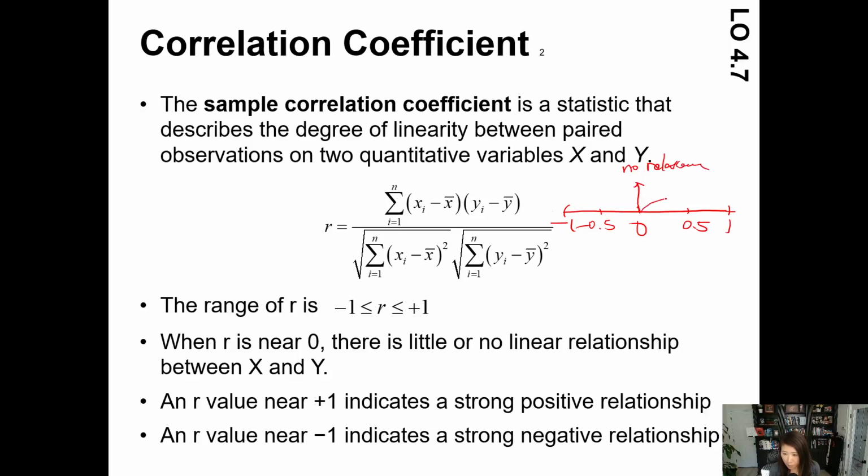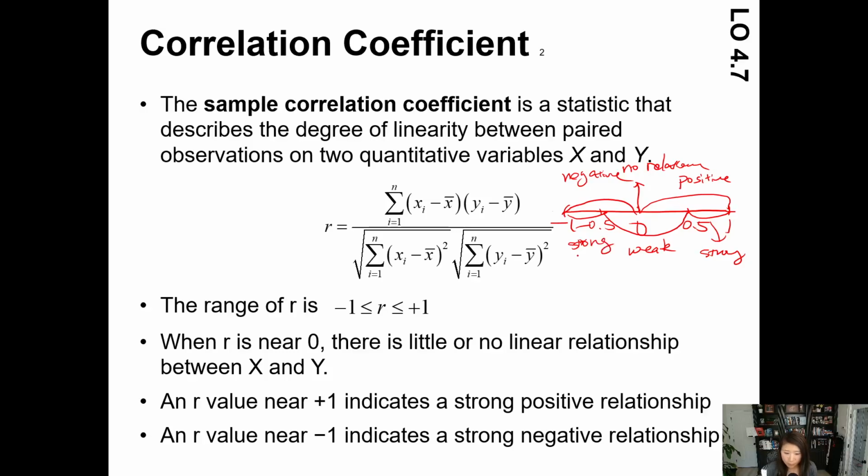Anything between 0 and 1 is a positive relationship, and then this side will be negative. Anything between -0.5 and +0.5 is a weak relationship. And then between 0.5 and 1, that will be strong. And this side also strong.